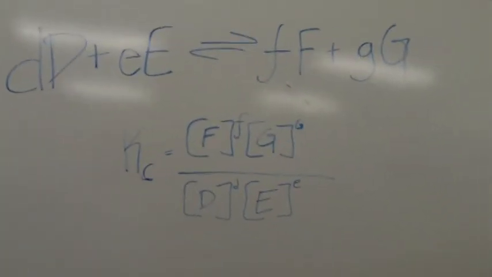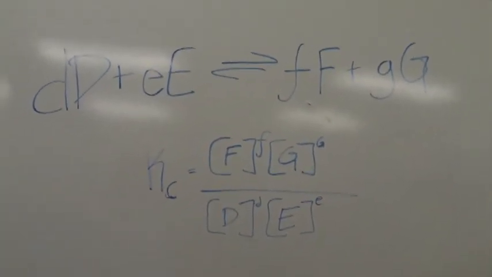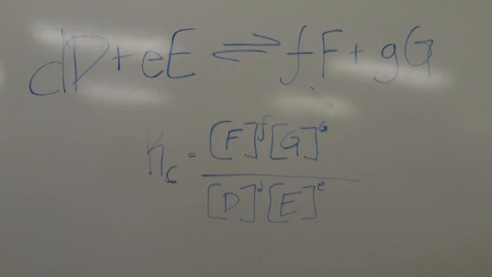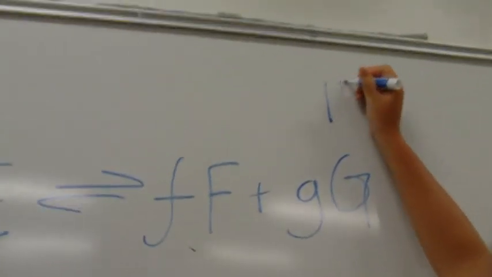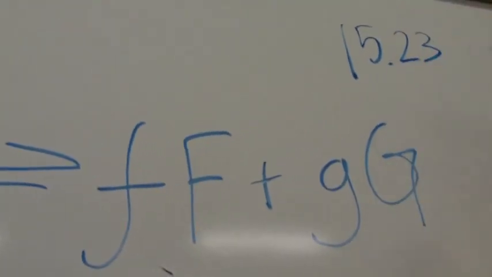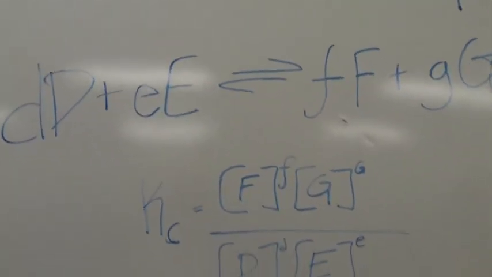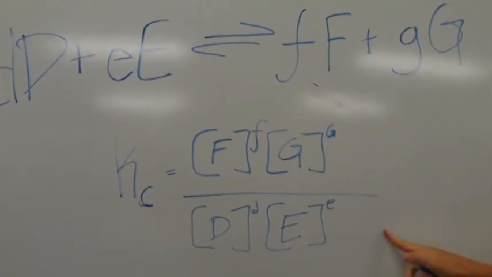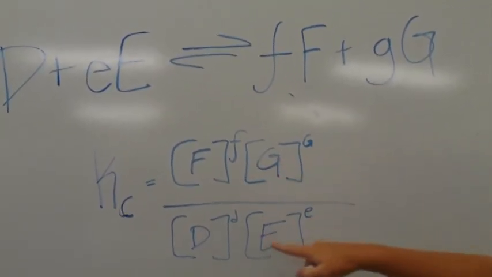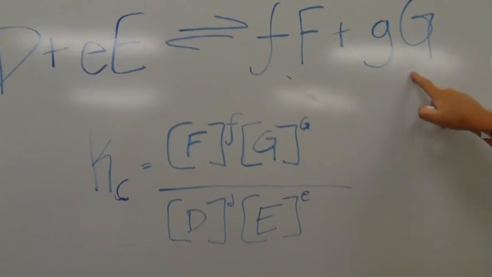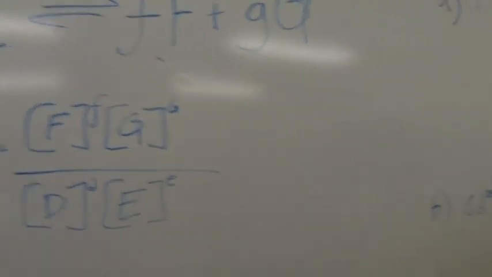15.23. Write the equilibrium law for each of the following reactions in aqueous solution. Okay, again, this is our guide, just products over reactants, and each concentration is raised to the coefficient found in the reaction given.